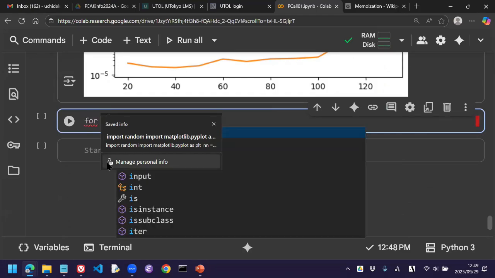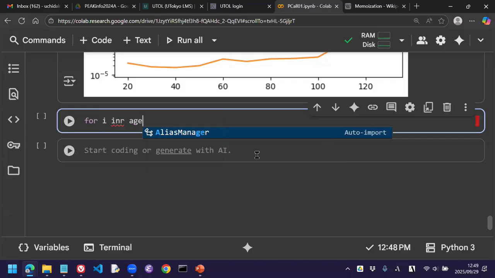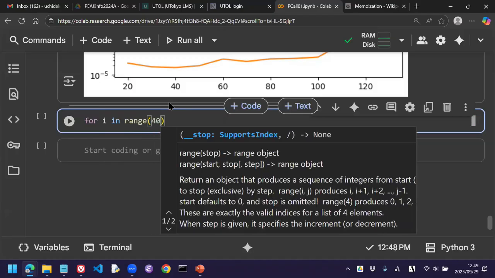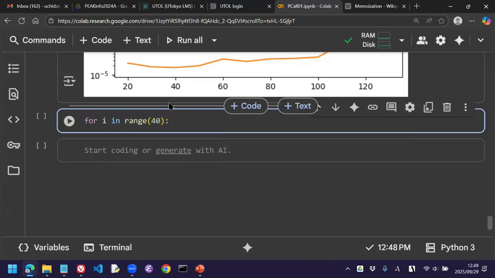For example, what we want is: for i in range, say, up to 40. Let's try this.